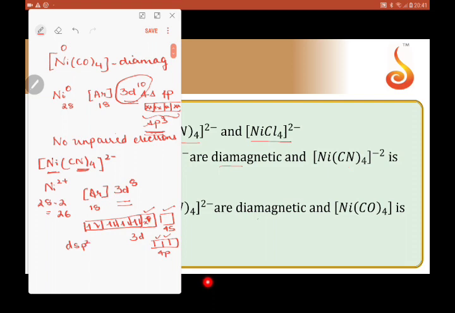If we put electrons from the ligands, we see that there are no unpaired electrons, and hence once again this substance also is diamagnetic.